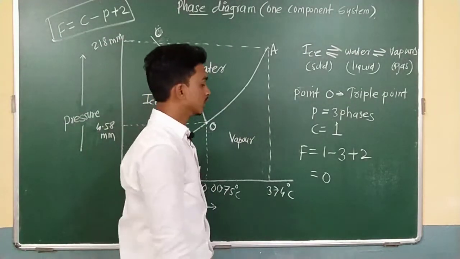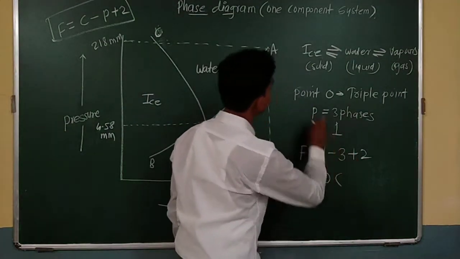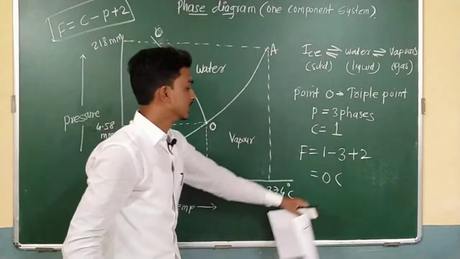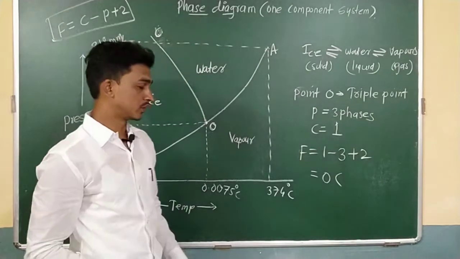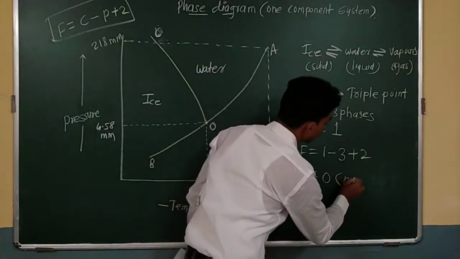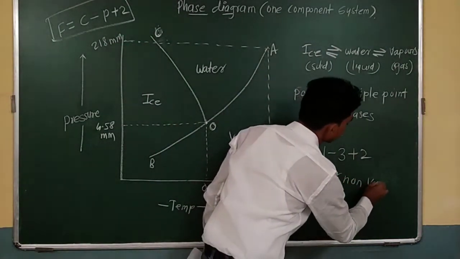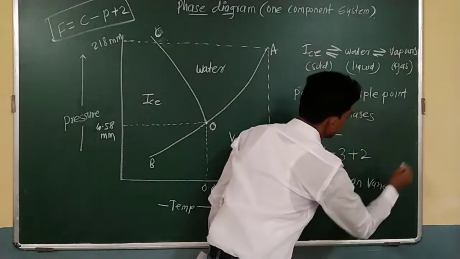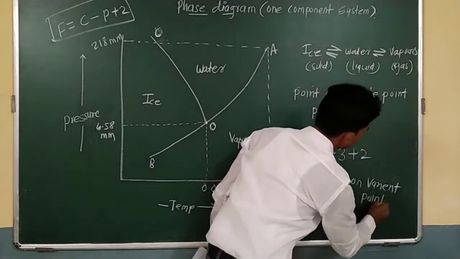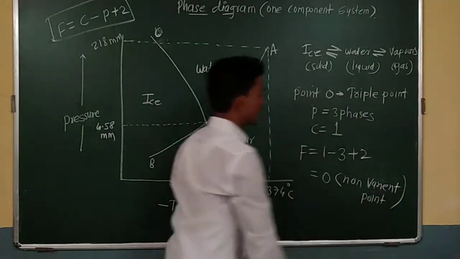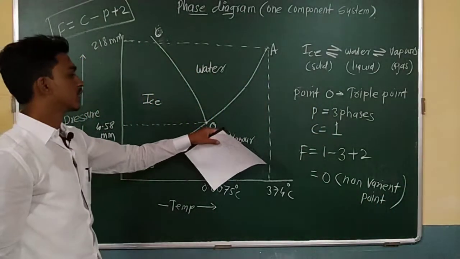So for this system, at that point we can say it is a non-variant point. That point is known as non-variant because we don't have a variant.